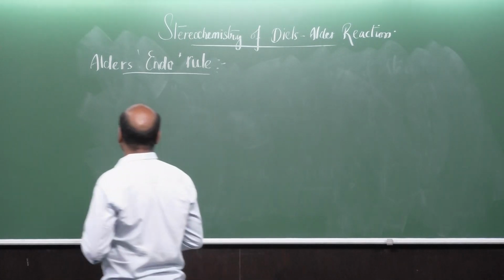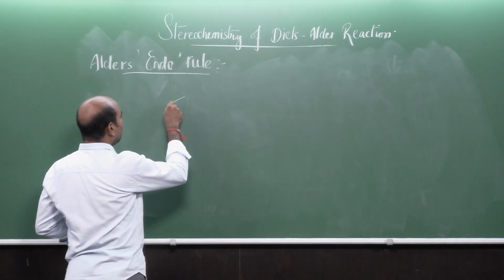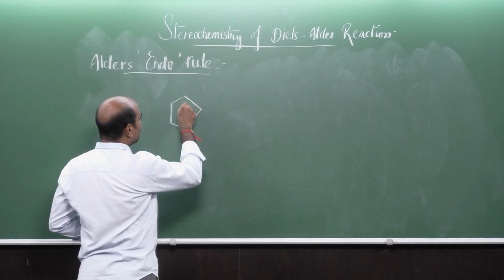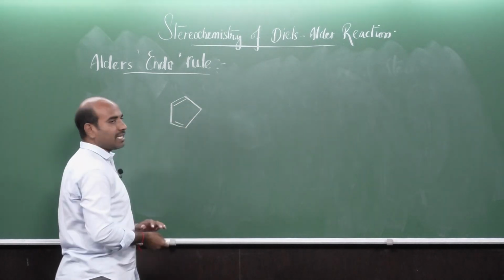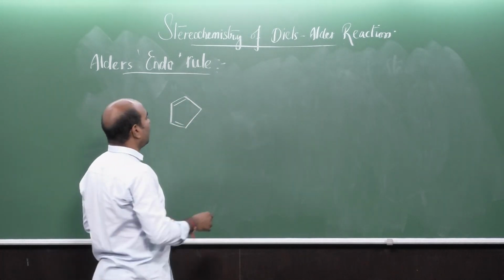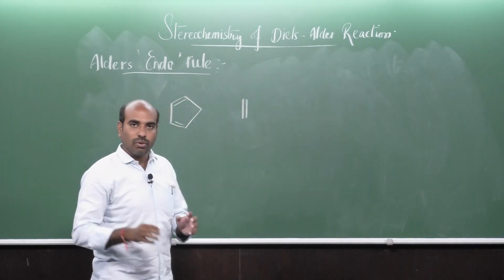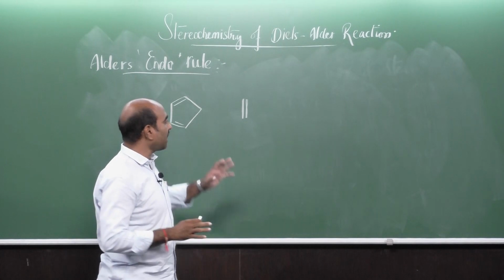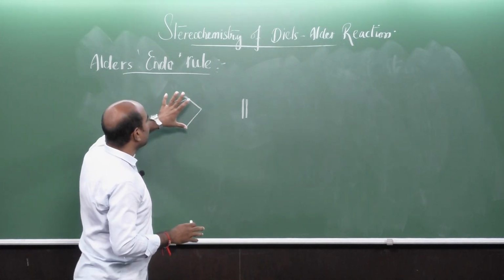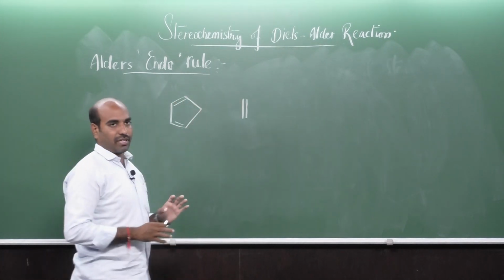For example, if you have a cyclic diene like cyclopentadiene, and now I have a dienophile, so the Diels-Alder reaction is the diene reacting with the dienophile, right.